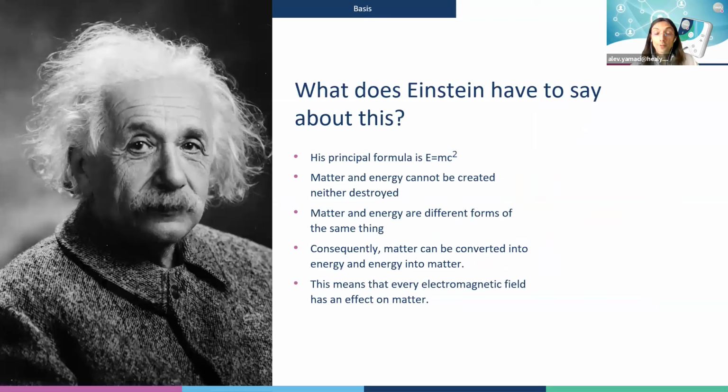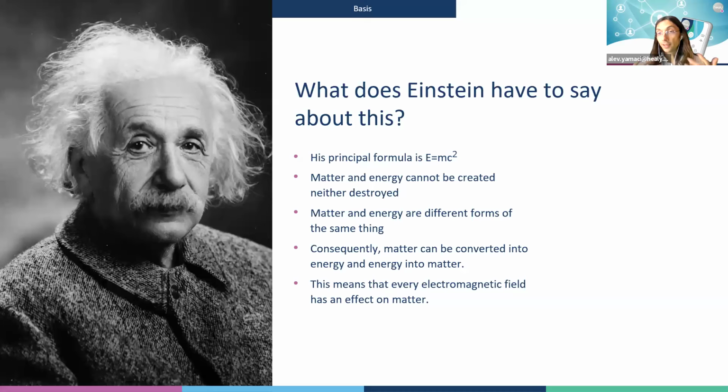So what does Einstein have to say about this? His principal formula is E equals mc squared. So energy is mass multiplied by the speed of light to the power of 2. What he stated is that matter and energy can neither be created nor destroyed. Matter and energy are different forms of the same thing. Consequently, matter can be converted into energy and energy into matter, so this is basically a back and forth. And this means, of course, that every magnetic field has an effect on matter. So what does that mean?